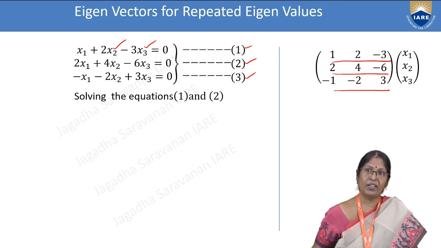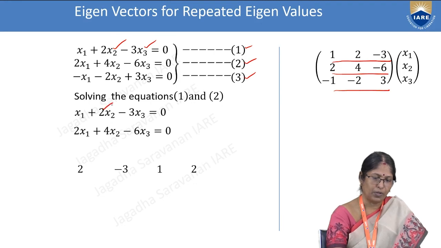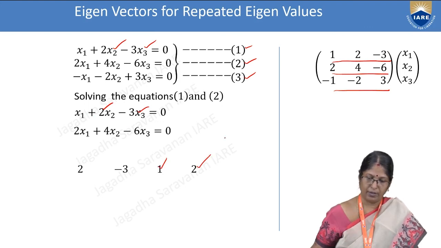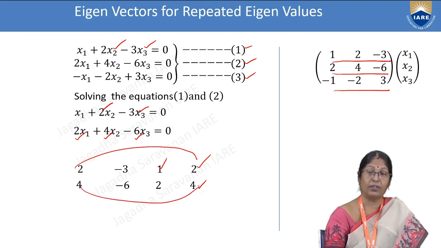For this, we are solving equations 1 and 2. Any 2 equations we can take it. It's not strictly we have to take 1 and 2. So now, you can see where we started, where we ended.